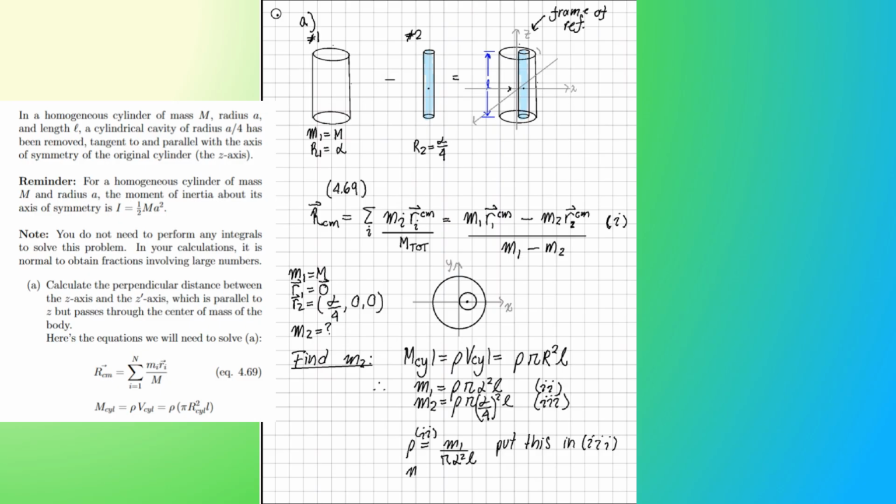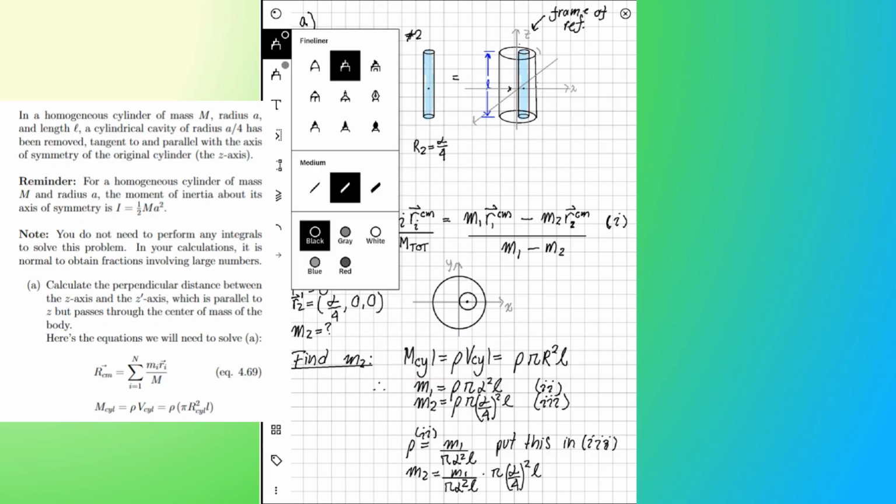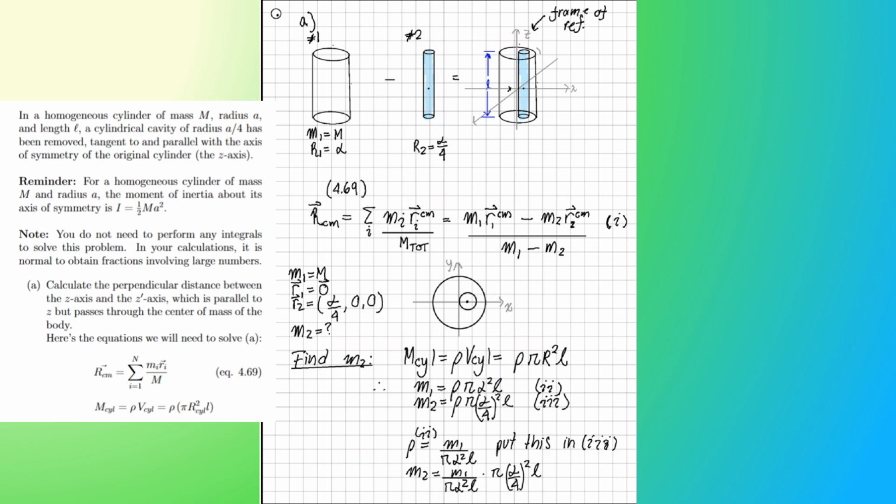We will have that M2 is equal to M1 divided by pi alpha square L multiplied by pi alpha divided by 4 square L. And now we can simplify.